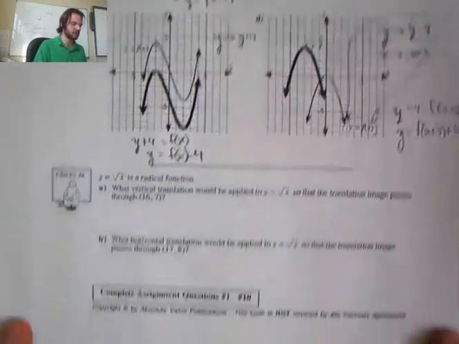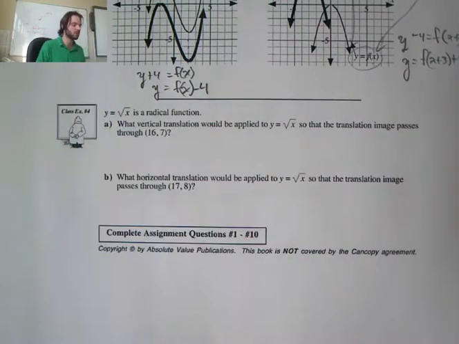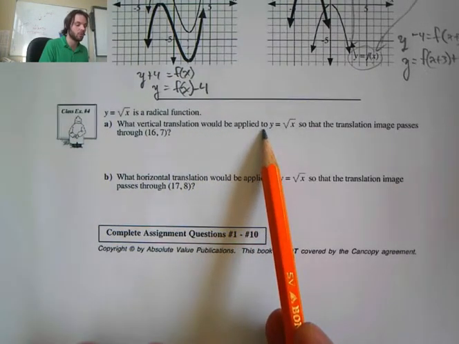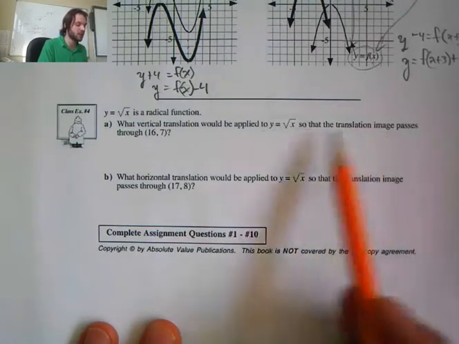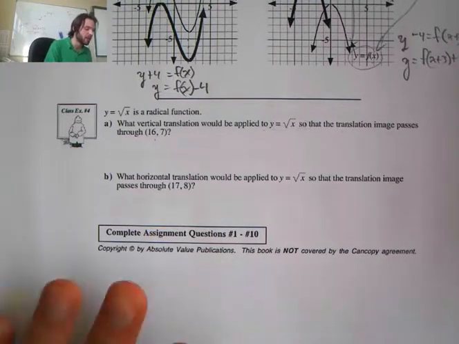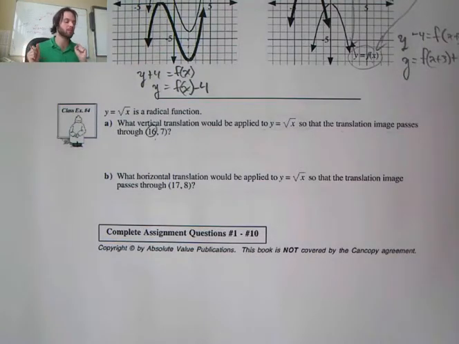Okay? All right, now, last question we have here. It says, we have y is equal to the square root of x, and it's a radical function. What vertical translation would be appropriate to y is equal to square root of x so that the image passes through the point 16, 7? Okay? So we want to know the vertical translation. Well, there's no x change here. The only thing that changes is my y.